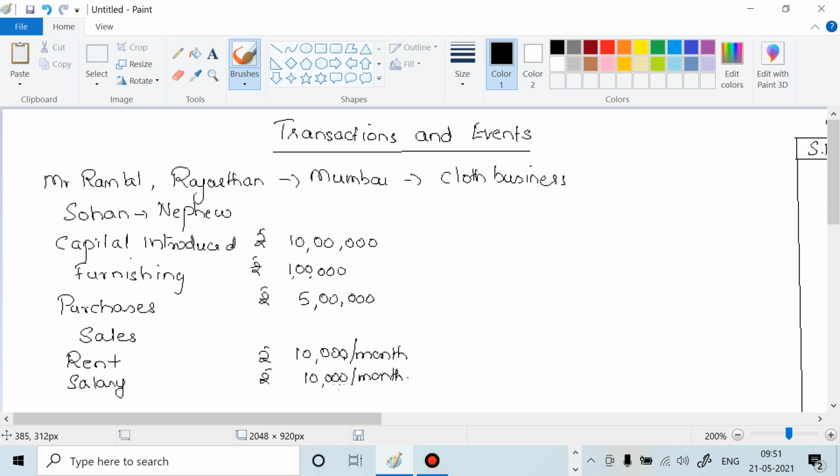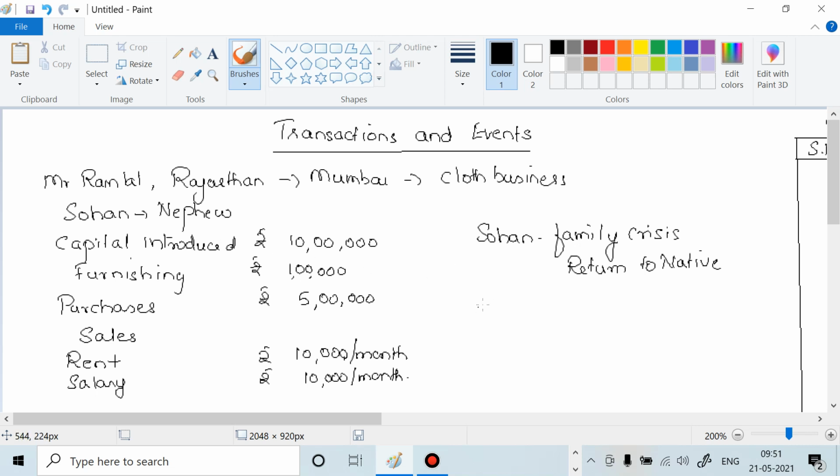Now, maybe after a couple of months, suddenly Sohan has a family crisis and he has to return to his native place. So this is a major event in the business. Now Ramlal is left alone to take care of the business. The most dependable nephew, Sohan, is no longer there.